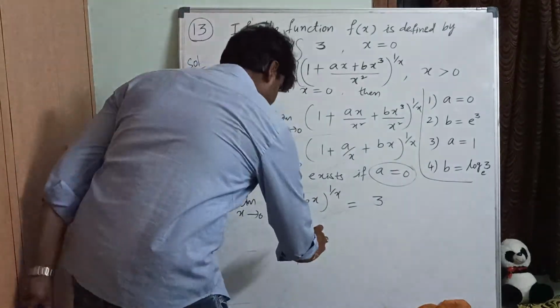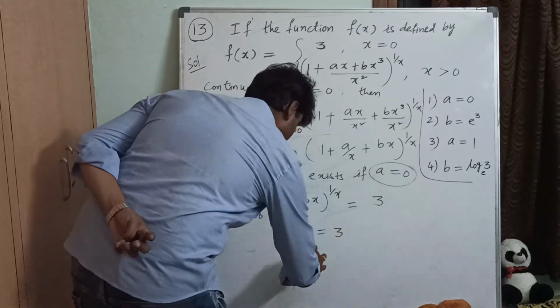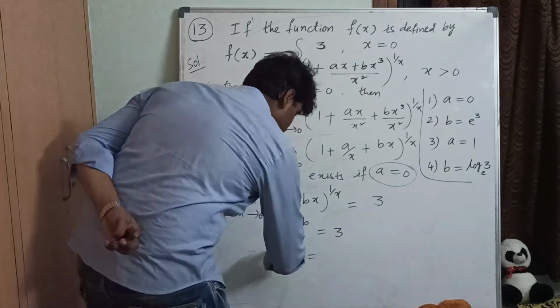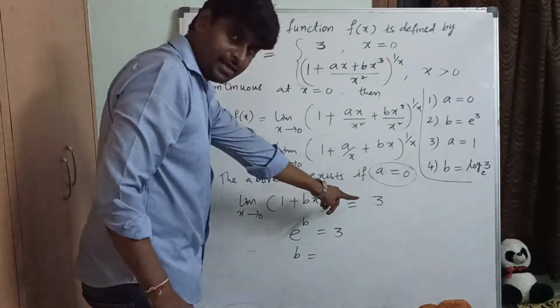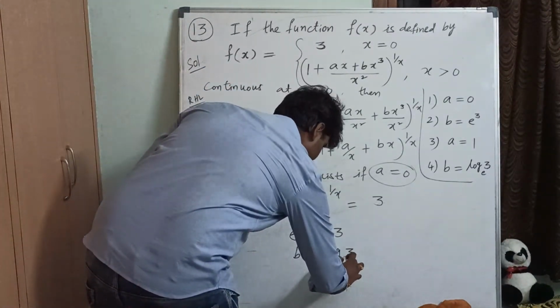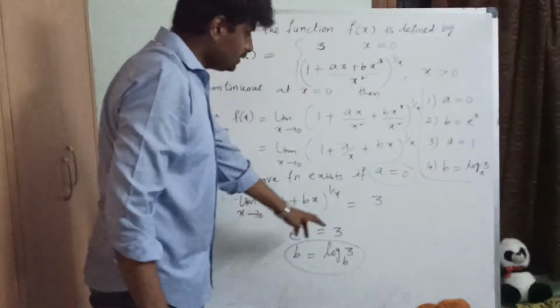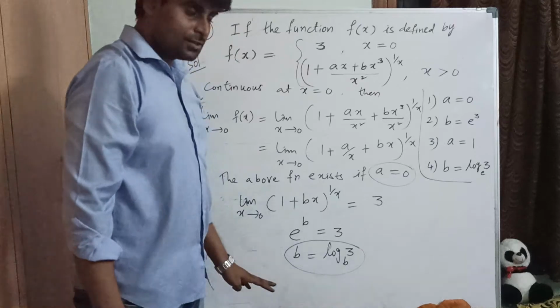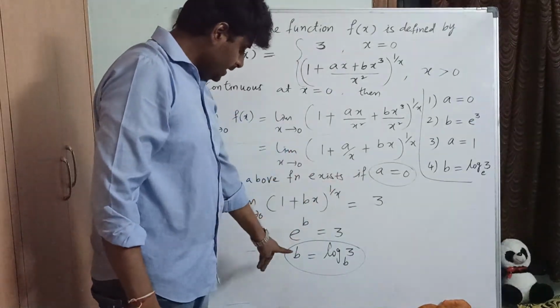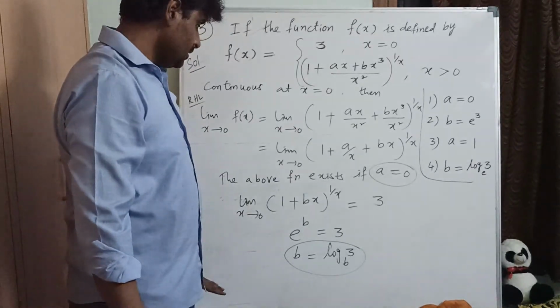What is the formula for this? e power b, correct? So from this, what is the value of b? b equals, when you send the exponential to the other side, log. So log 3 base e. So this is the value of b, clear? And this is the value of a. So finally a equals 0, b equals log 3 base e, okay, right?